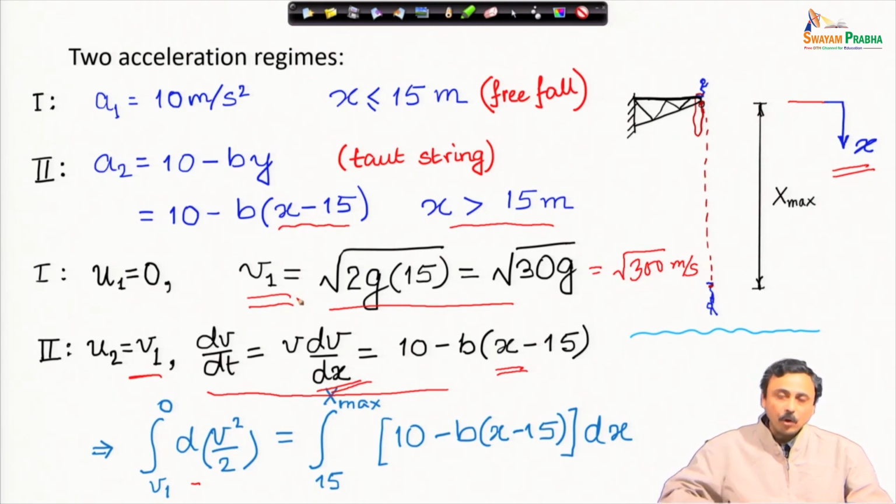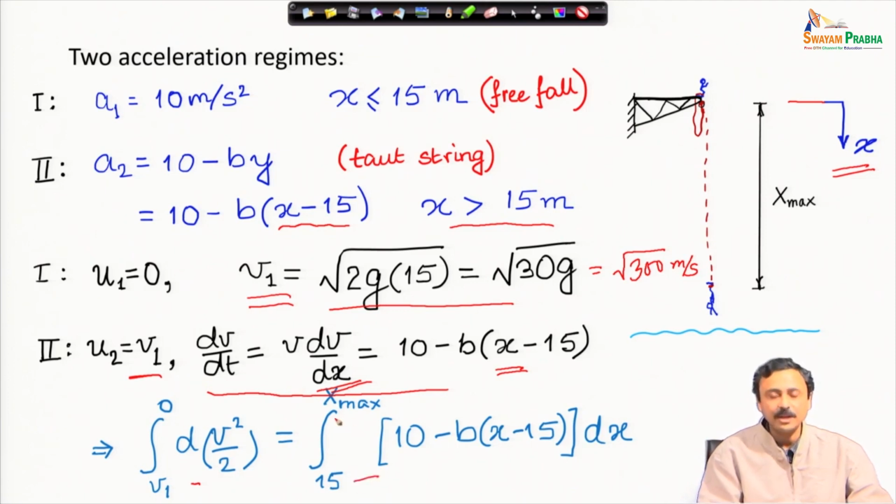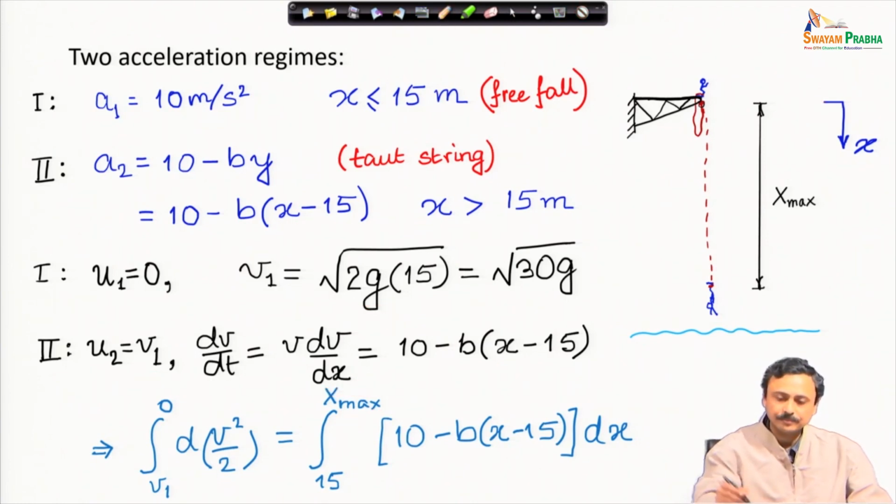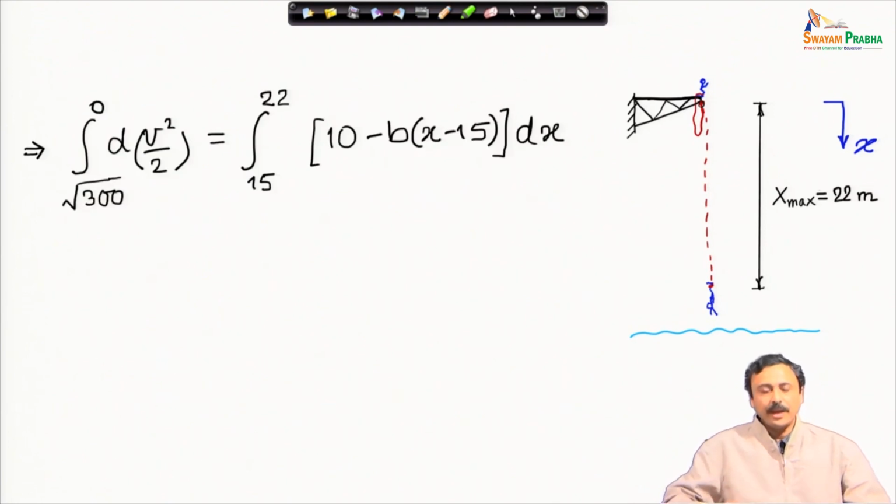We are covering the whole distance up to the maximum depth. Therefore, this restrained jump starts from 15, as written here in this limit, and goes up to x max, which is 22 meter. If I do this integral, on the left hand side the limits are root 300 to 0, and on the right the limits are from 15 to 22, which is the restrained jump.